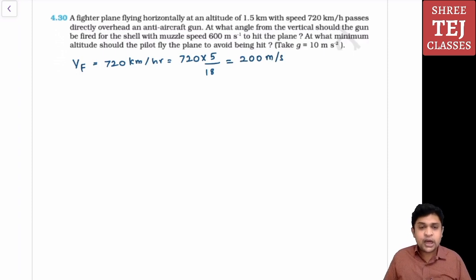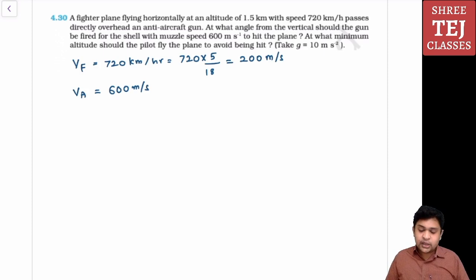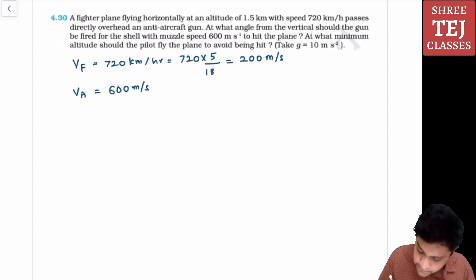It passes directly over an overhead anti-aircraft gun. At what angle from the vertical should the gun be fired for the shell with muzzle speed 600 meters per second to hit the plane?